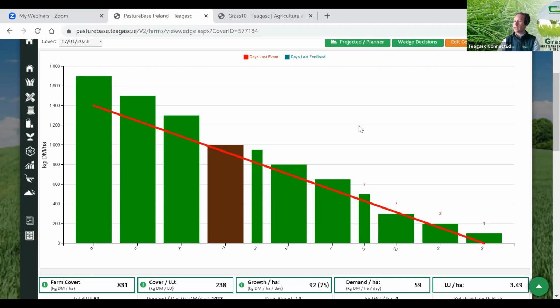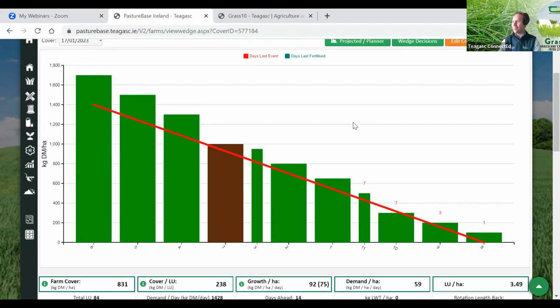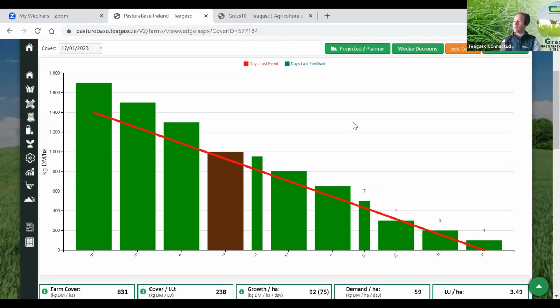Next thing you're trying to get those cows and heifers to clean out that 2000 cover, and the tank tells you straight away. And then all of a sudden the meal is put back up to 3 or 4 kilos, and it sits there for the rest of the summer, when it wasn't the meal that was the problem. It was actually what was going down their throat that was the issue. So another thing to be aware of.